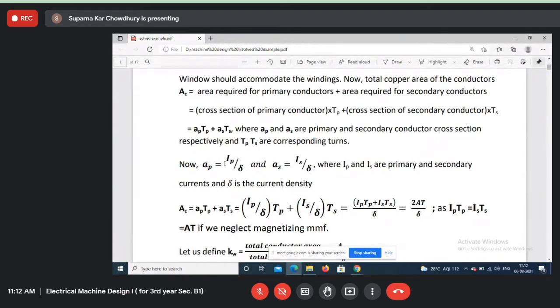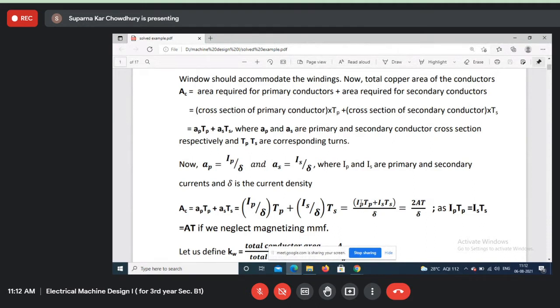So the area of the primary conductor is primary current divided by delta, where delta is the current density, and similarly AS is IS by delta. So AC is AP TP plus AS TS. Replacing, we get IP by delta into TP plus IS by delta into TS, so IP TP plus IS TS by delta.